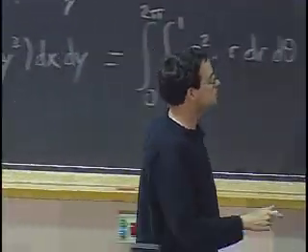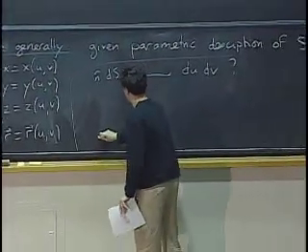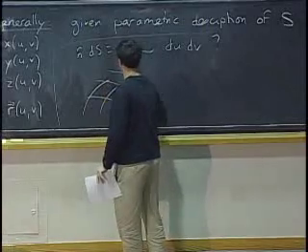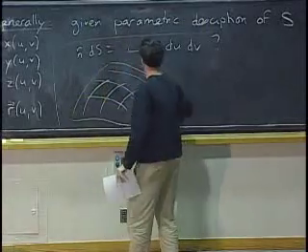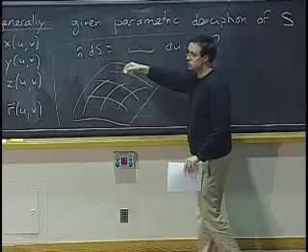Okay, so let's think a little bit about what happens when I move a little bit on my surface. So, I'm taking a grid on my surface given by the u and v directions.